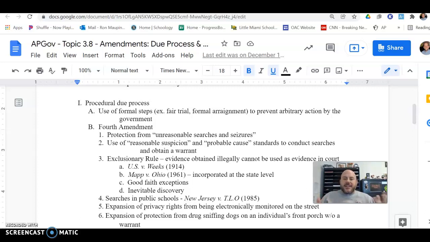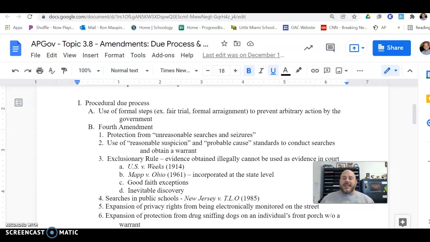A couple of other interesting things that I found that might be interesting tied into the exclusionary rule is the idea that, for example, if the police wanted to put a GPS monitor on somebody's car and monitor that person's car 24/7, they can't do that without a warrant.